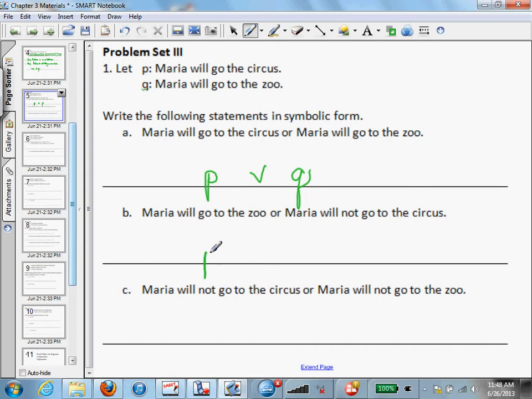So let's let Maria will go to the zoo be equal to P, and or being the symbol, with Maria not going to the circus. Maria will not go to the circus, or Maria will not go to the zoo. So we have 2 negative statements being connected with this conjunction, with statement P and Q being present.